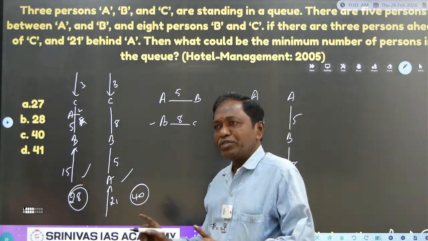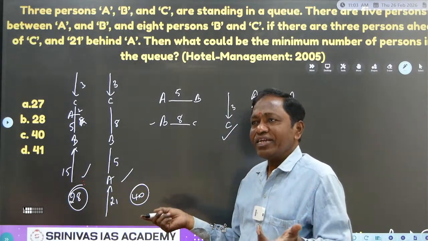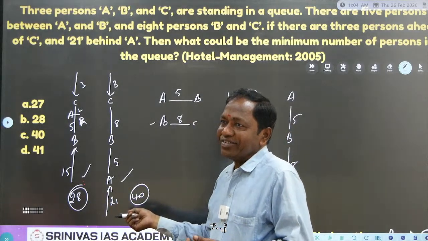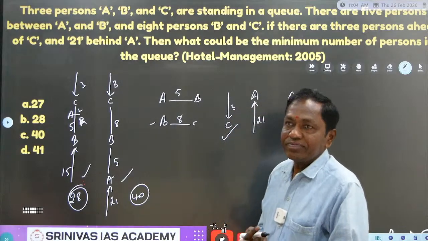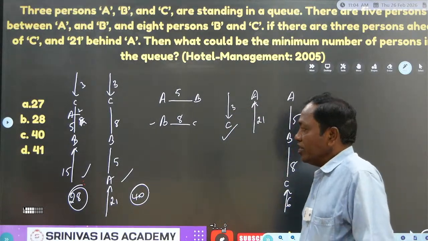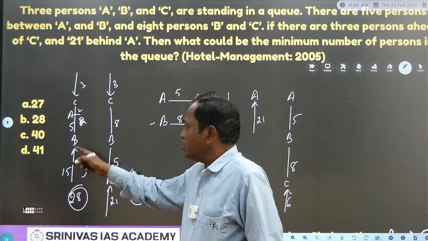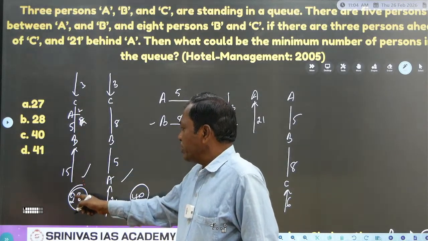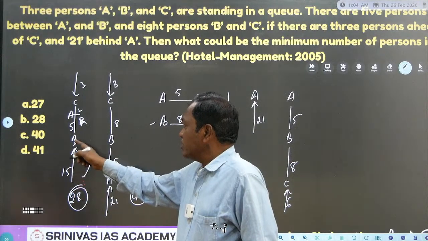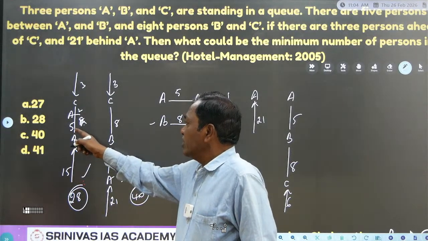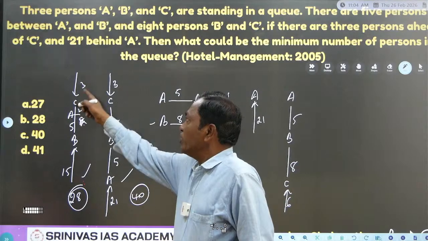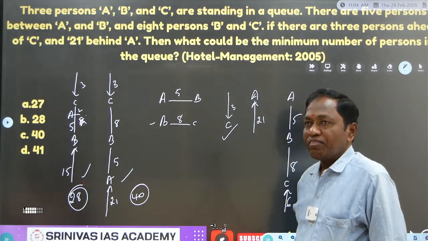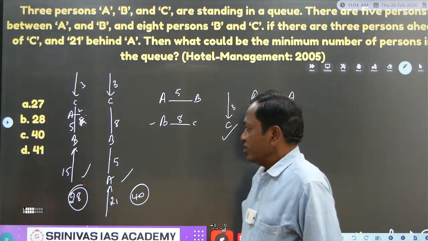Sir, can you tell how there must be 21 behind A? This is also 21. Sir, can you tell me how you got 28? You have to put up the total: 15, 16, 21, 22, 24, 25 plus 3, 28. Sir, B is 16, then add 5, then add 8.